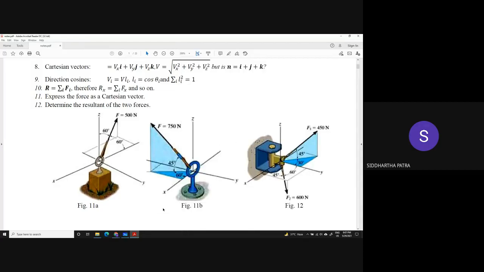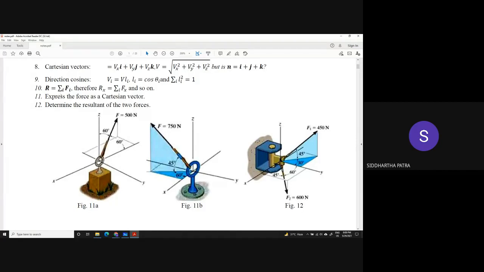So in the next problem, which is figure number 12, you are required to find the resultant of the two forces. But I just want to make sure that you understand the figure. How do I get the resultant of two Cartesian vectors or more than two Cartesian vectors?